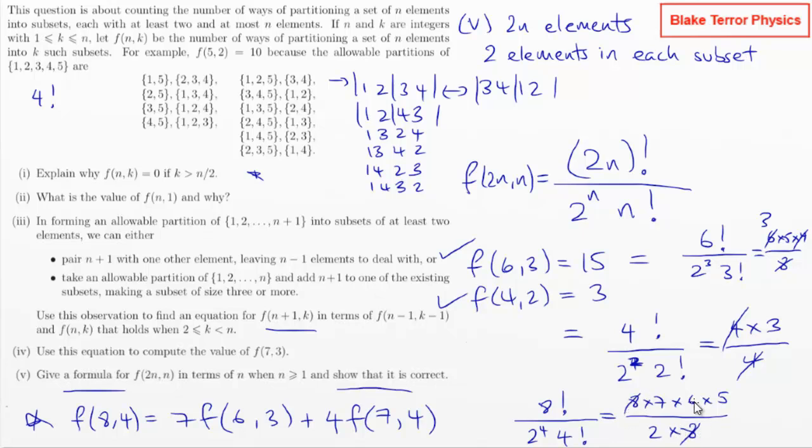So we can cancel those, cancel that to leave a 3, which means we've got 7 times 15, which is 7 lots of f(6,3). Right, so that's 3 examples of it working. Like I say, if they want something else, I'm not too sure how I'm going to show categorically that it's going to work for every single number, but at least it's shown the first 3 of them. So that seems good enough, I think.